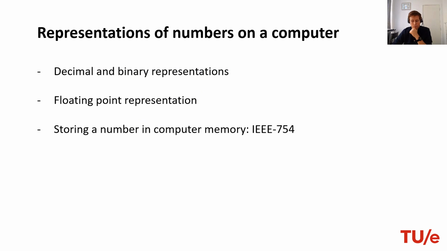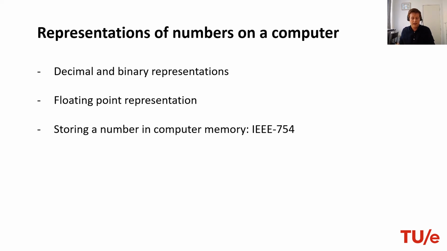Now this wraps up what I wanted to say about the representation of numbers on a computer. I introduced the concept of decimal versus binary representations, base 10 versus base 2, and how base 2 is quite amenable to computers because it has this switch on, switch off behavior for every bit.